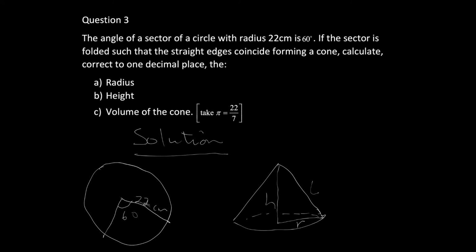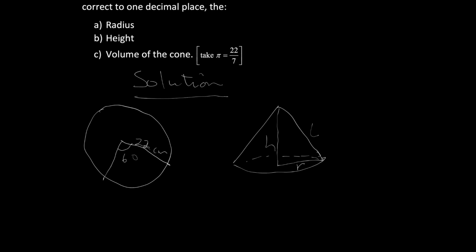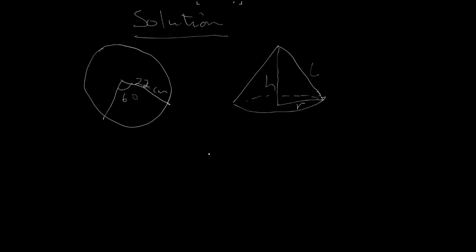We are being asked to find the radius of the cone. Remember, the radius of the cone is different from the radius of the circle. Let's represent the radius of the circle with capital R, and the radius of the cone should be small r, which we don't know.